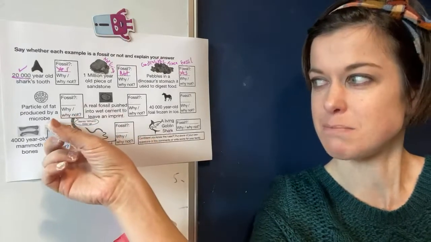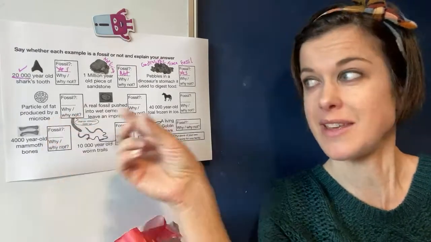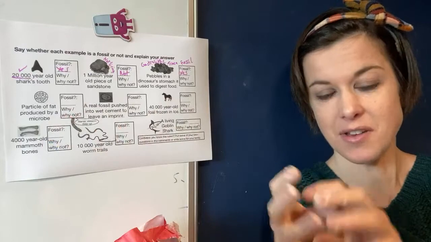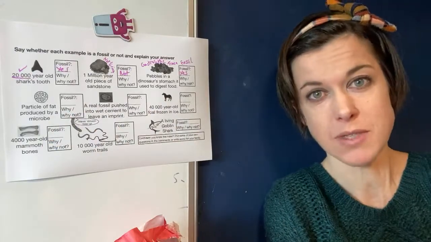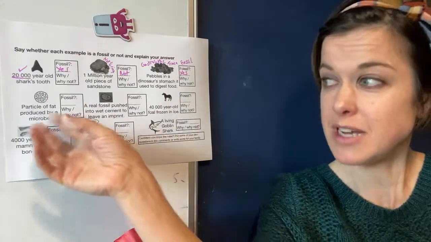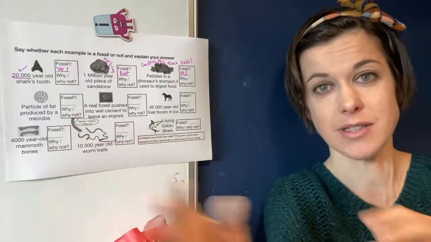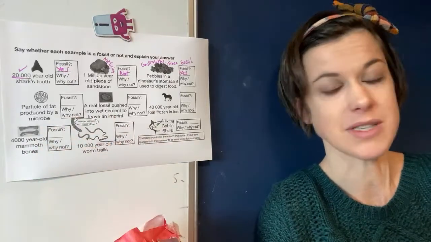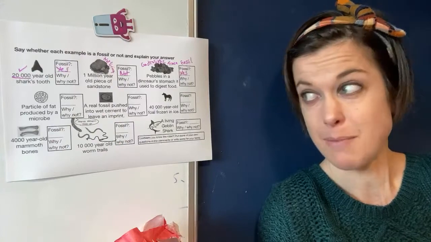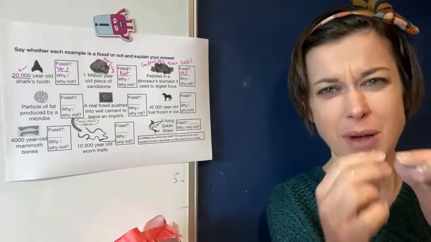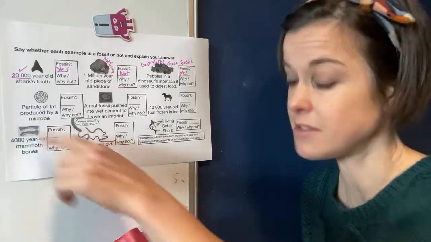It was the same with this microbe's fat particles, so they can tell, looking at the kind of fat that it produced, whether the climate was hot or whether the climate was cold. So it's actually a really good way of getting evidence for what the weather was like, what the climate was like millions if not billions of years ago, from particles of fat. Yeah, that's called a chemical fossil.